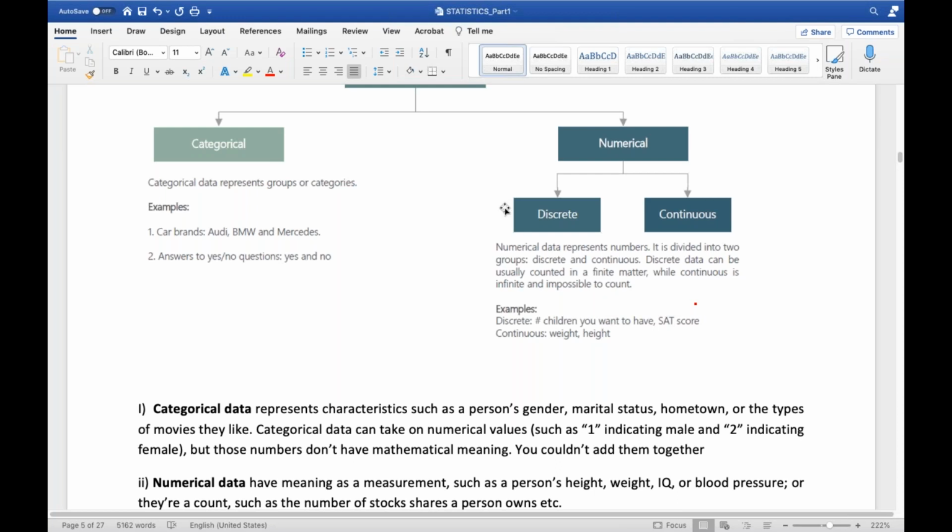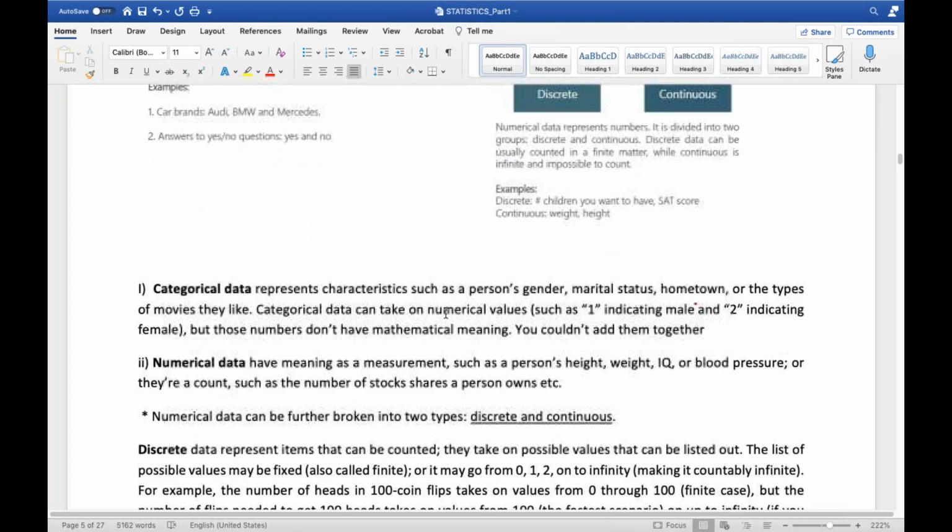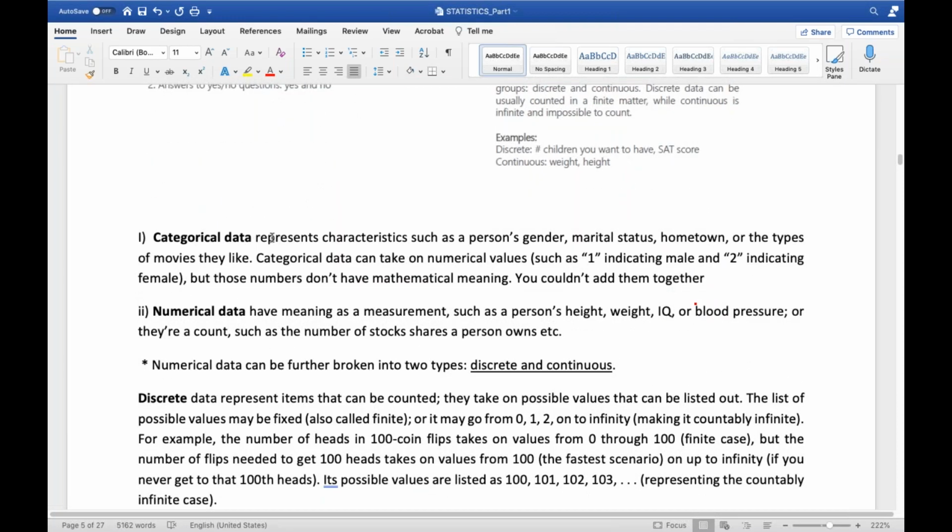Okay, let's talk about categorical data and numerical data. Categorical data represents characteristics such as a person's gender, marital status, hometown, or type of movie they like. We are giving some kind of characteristic for something, that is categorical data.